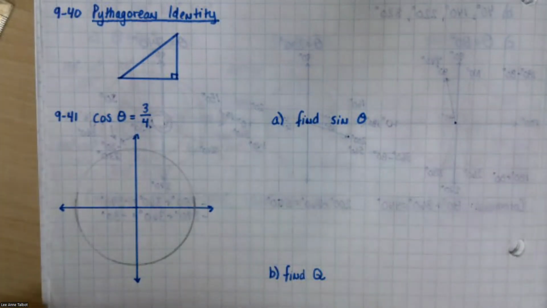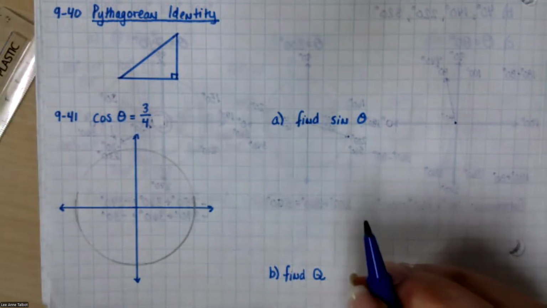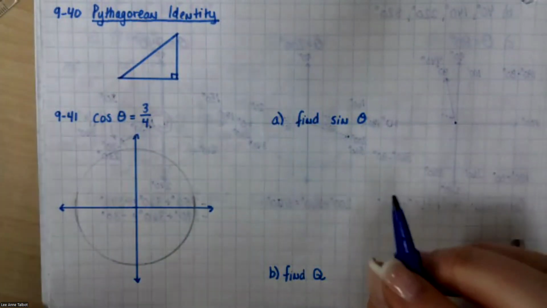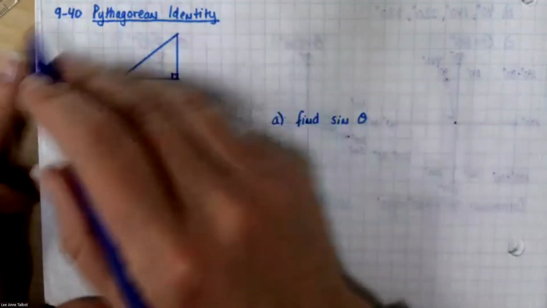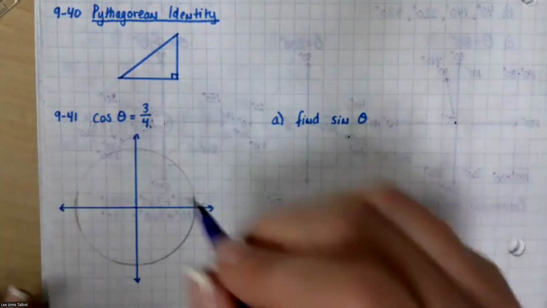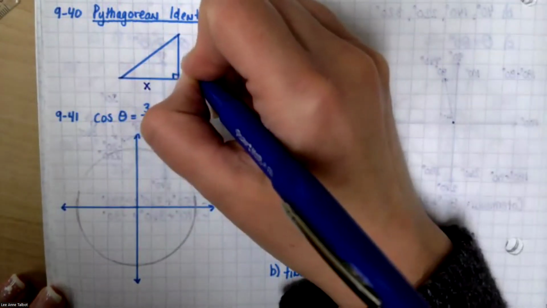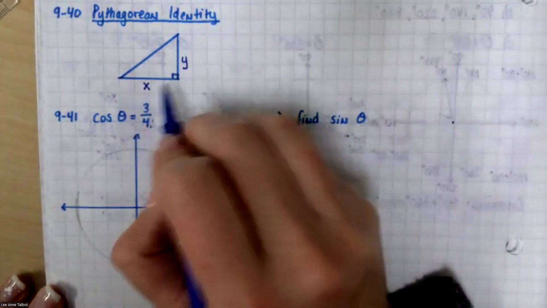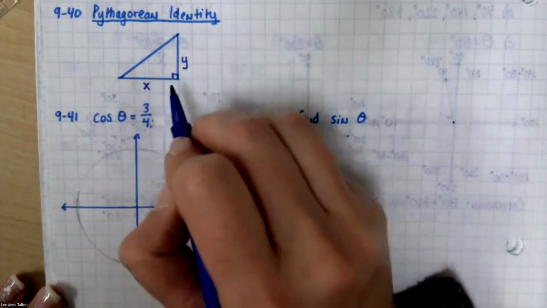Pythagorean identity. Well, it's just a fancy word for Pythagorean theorem, but it has different letters than you're used to. Can you guys pretend that there's a circle here, just like the ones that we made up in number 37 and 38. So this is X and this is Y, over and up.